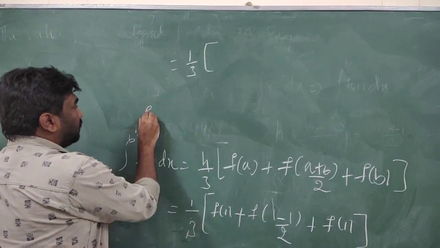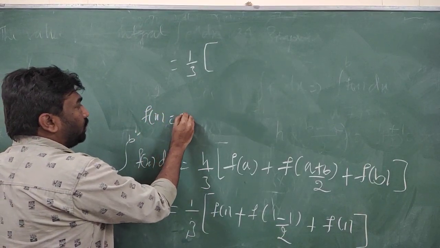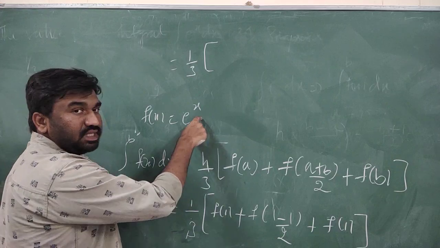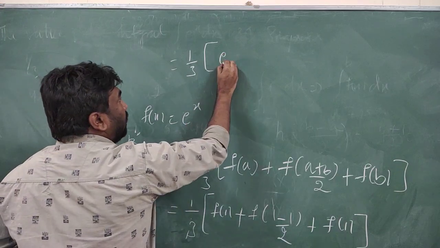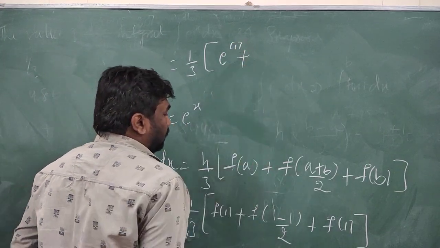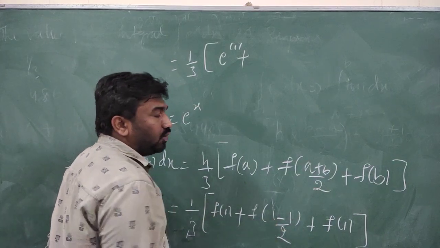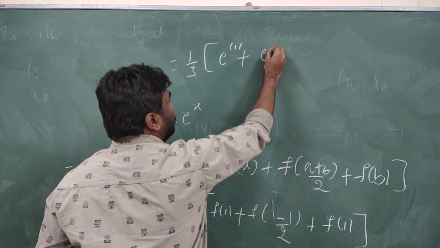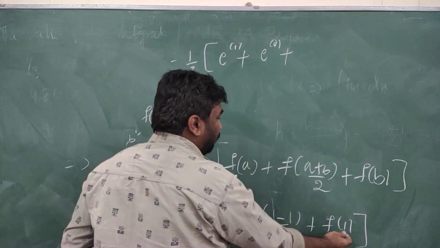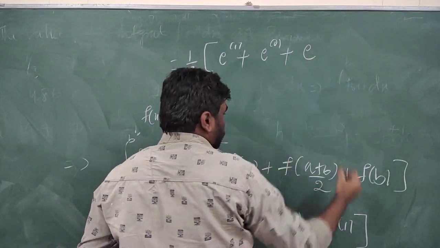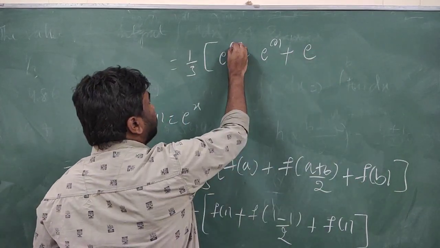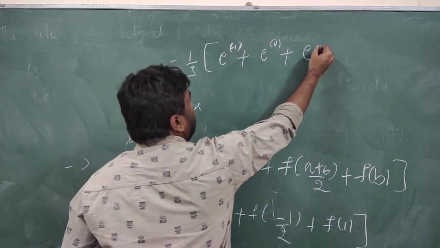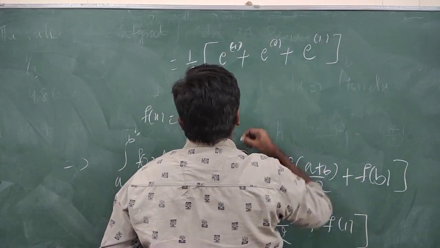The function is f of x is equal to e power x. So f of 1 means e power 1. Plus f of (1 minus 1) by 2, f of 0. So that means e power 0 plus f of b. So f of a is e power minus 1 plus f of b is e power 1.